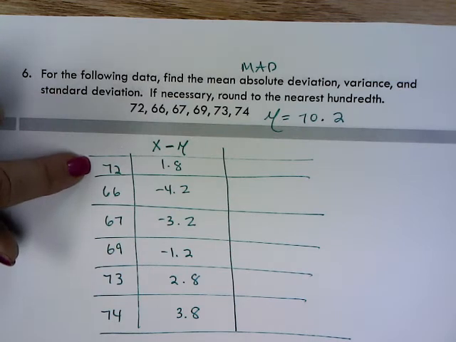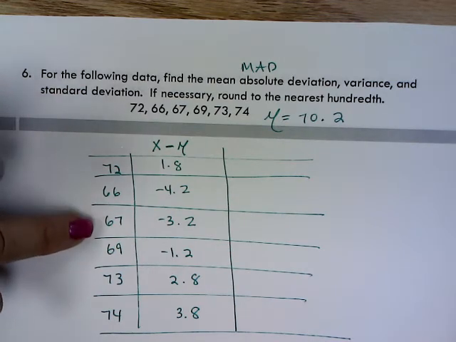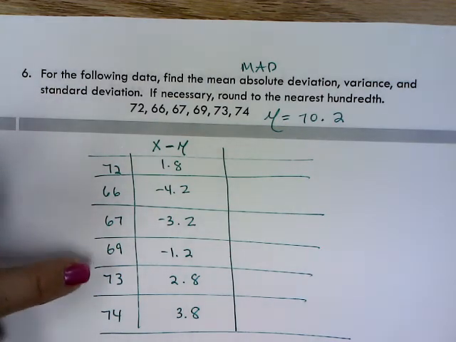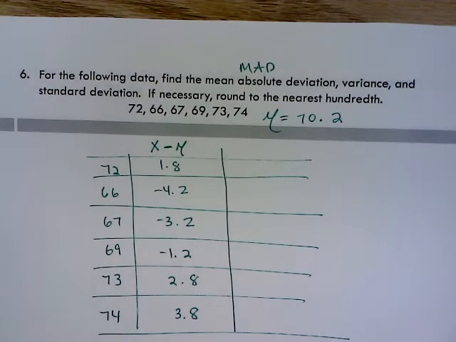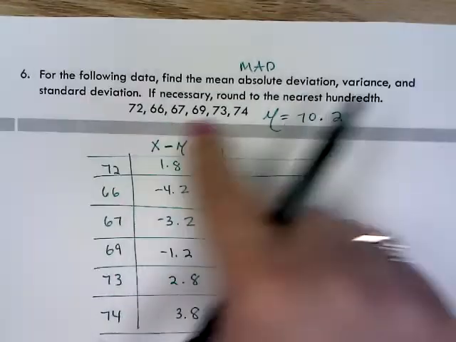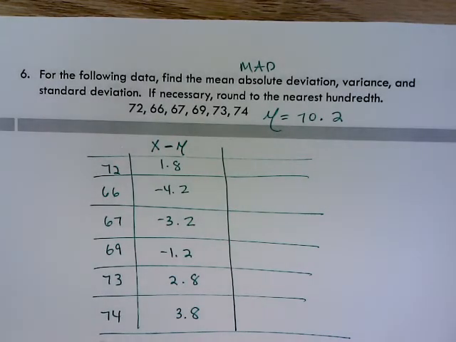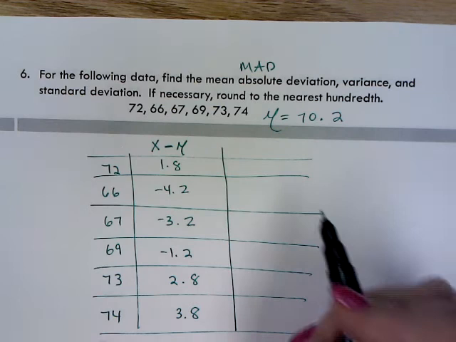But again, it's 72 minus the mean, 66 minus the mean, 67 minus the mean, 69 minus the mean, 73 minus the mean, and 74 minus the mean. And you will have one that has all of these together because we don't want you to have to find the same rote mathematics 4 or 5 times.